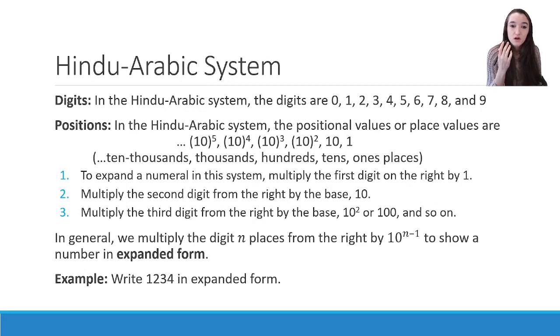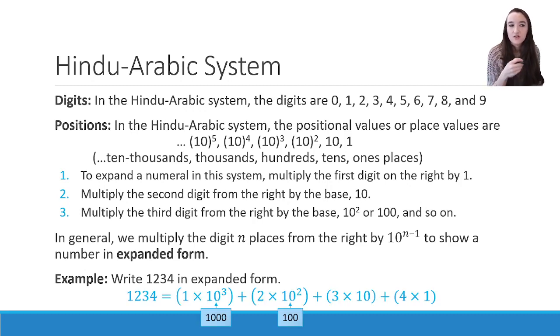So 1, 2, 3, 4 in expanded form has the 1 in the thousands place, the 2 in the hundreds place, the 3 in the tens place, and the 4 in the ones place. So we can write this out expanded as 1 times 1,000 plus 2 times 100 plus 3 times 10 plus 4 times 1.